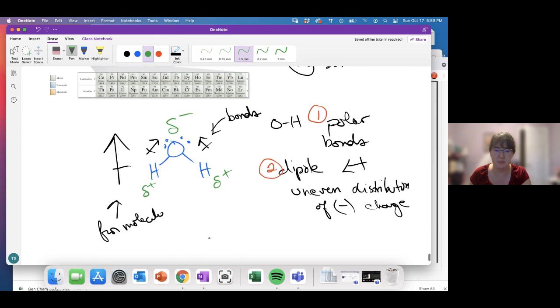So this weird little symbol I drew, partial, is essentially to try to separate out the differences between something that's polar, where it's got a little bit of a charge. There's more negative stuff where the oxygen is. There's less negative stuff where the hydrogens are. It's polar, but this partial helps me differentiate that from whole charges.